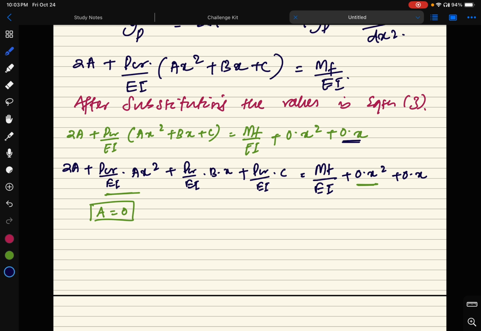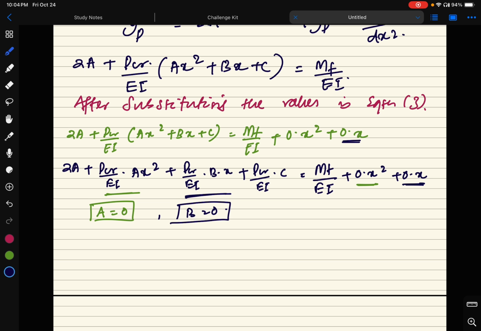Similarly, if we equate this term with this term, we get b is equal to 0. The reason being PCR by EI cannot be 0, because if this happens, there will be no buckling, so we don't get this equation. So the coefficients a and b are equal to 0.